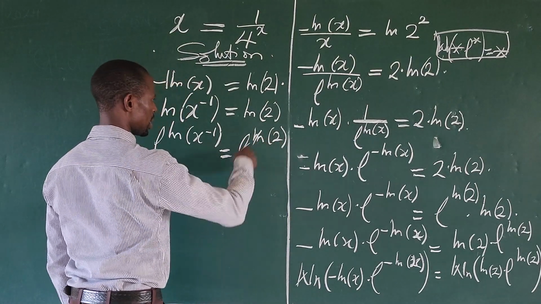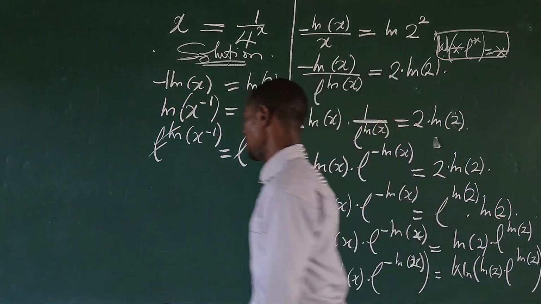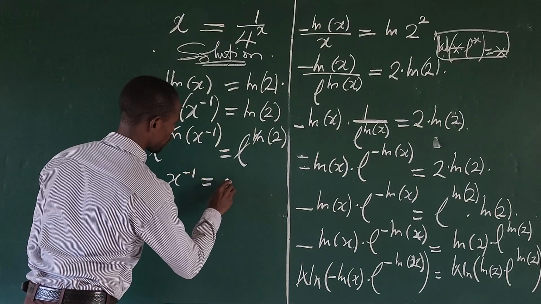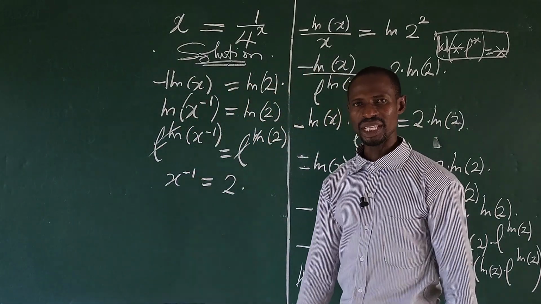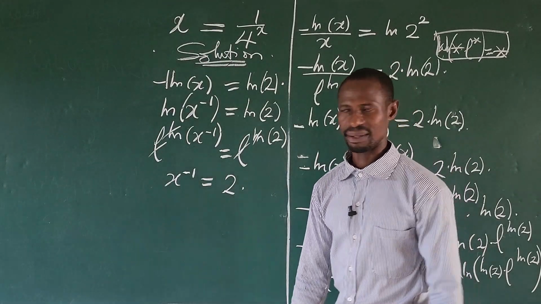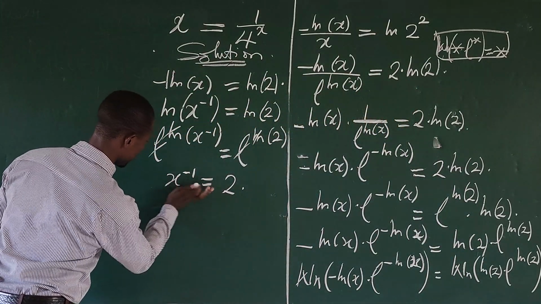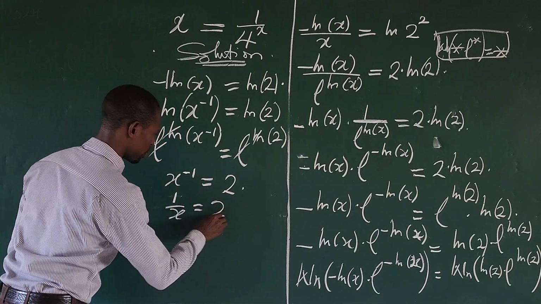So this is ln base e, this is ln base e. So we have x to the power of minus 1 equal to 2. What is x to the power of minus 1? This is the same thing as 1 all over x, right? So we have 1 all over x equal to 2 all over 1.